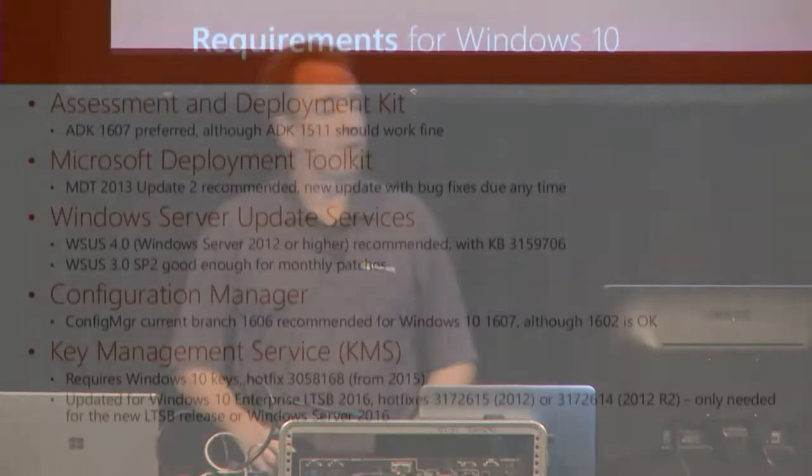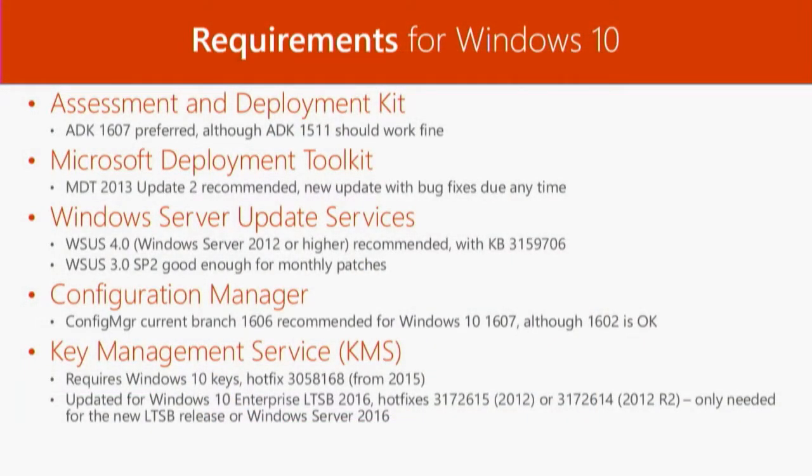So with Windows 10 1607, Config Manager 1606 is recommended because it adds support for the new OS features, but 1602 will work fine to deploy and manage Windows 10 1607. When we come out with the next one next year, exactly when that's going to be, we haven't disclosed yet, but whatever the current Config Manager is at that time and the N-1 version at that point will be what's supported.